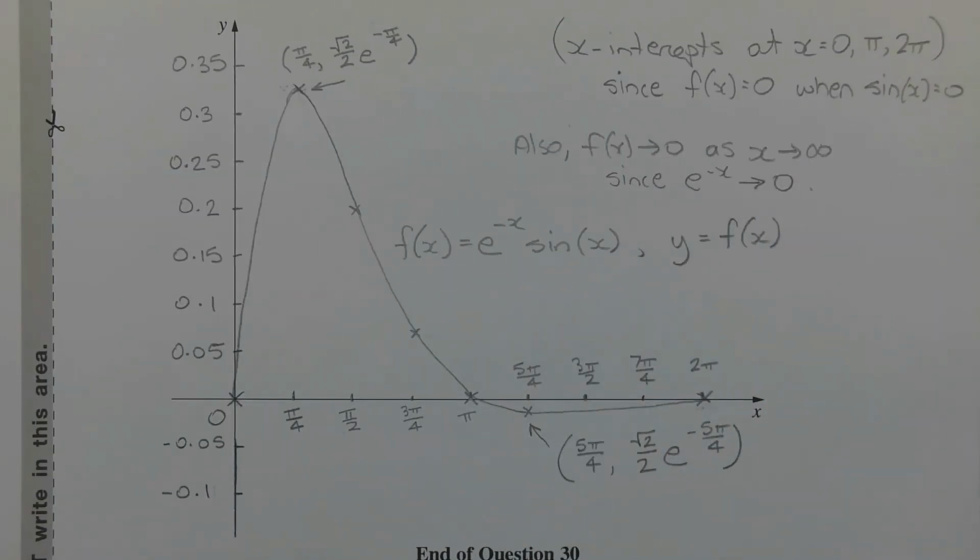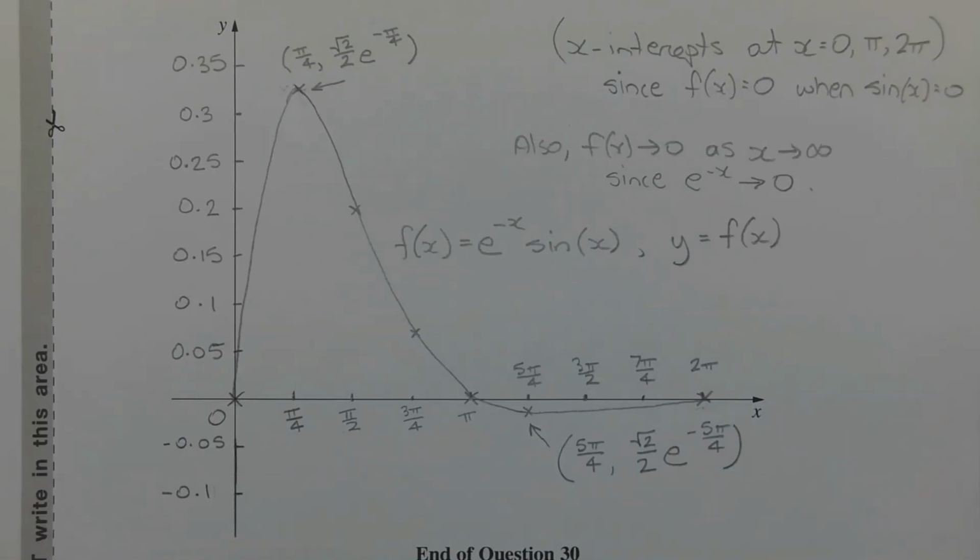Also note that f of x approaches 0 as x approaches infinity. In other words, as the x values get larger and larger, so the further away from the origin we move to the right-hand side, f of x just gets smaller and smaller overall. And that's because e to the power of negative x approaches 0 as x approaches infinity. Think of e to the power of negative x as the coefficient of sine of x.